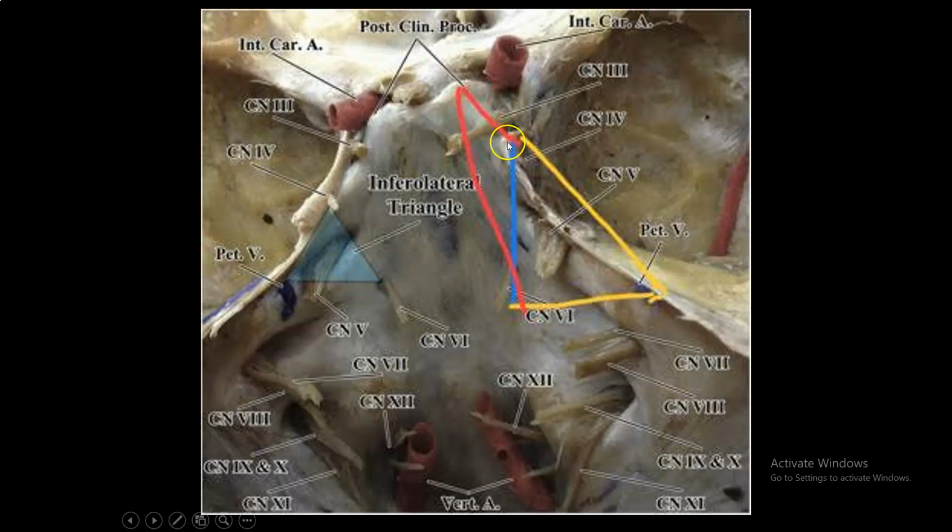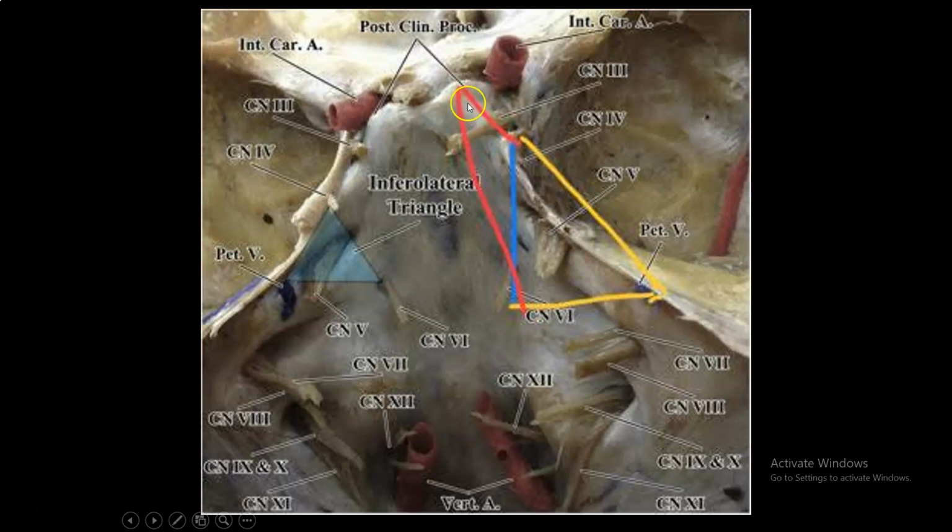The line is here, and here what is medial to it is the inferomedial triangle. What is lateral to it is the infralateral triangle. So one of the sides of the triangle, the line between 6 and 4.